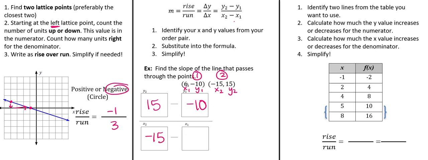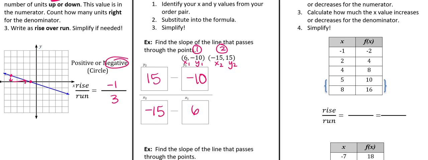And my x1 is 6. I'm going to subtract these numbers. So 15 minus -10, you can put that in your calculator. You could see that, oh, I have 2 negatives. That makes a positive. This becomes 25. I have -15 minus 6, which makes a -21.